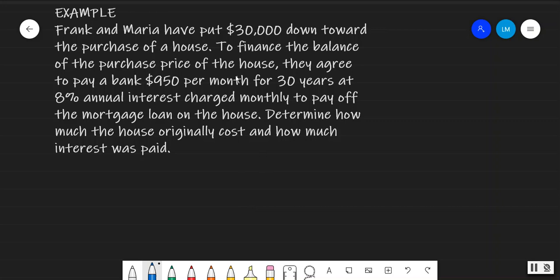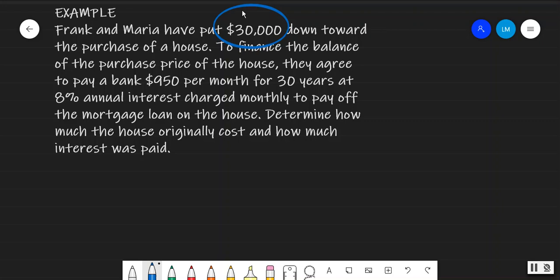There's a lot of information. First, the $30,000 is the extra amount. If they put 30,000 down, then they financed the rest.